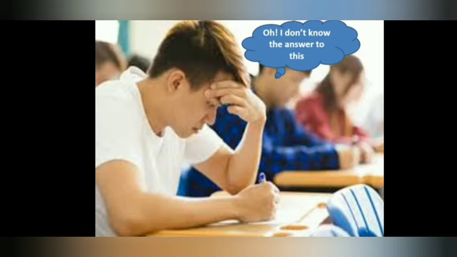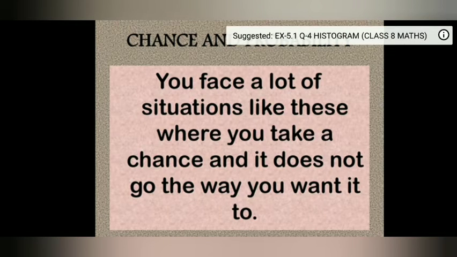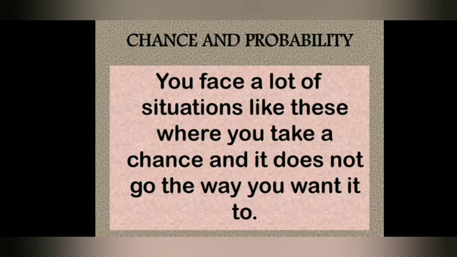These are the situations we come across in our day-to-day life. You face a lot of situations like these where you take a chance and it does not go the way you want it to. These are examples where the chances of certain things happening or not happening are not equal.